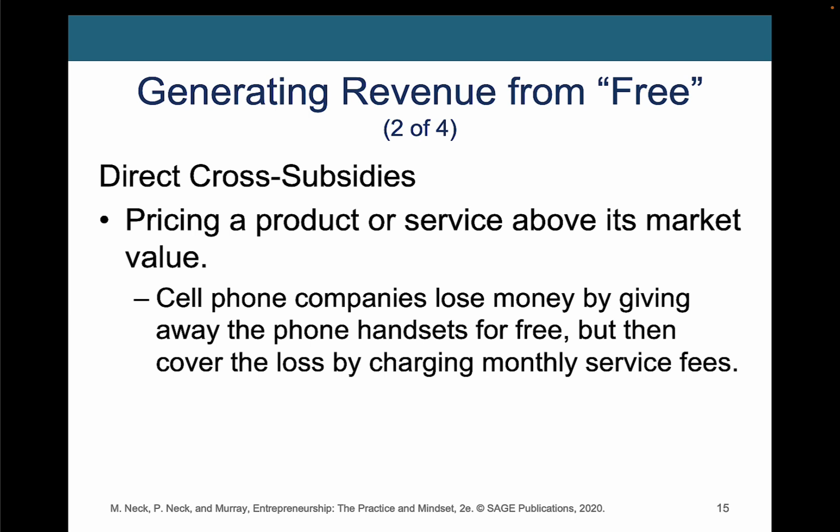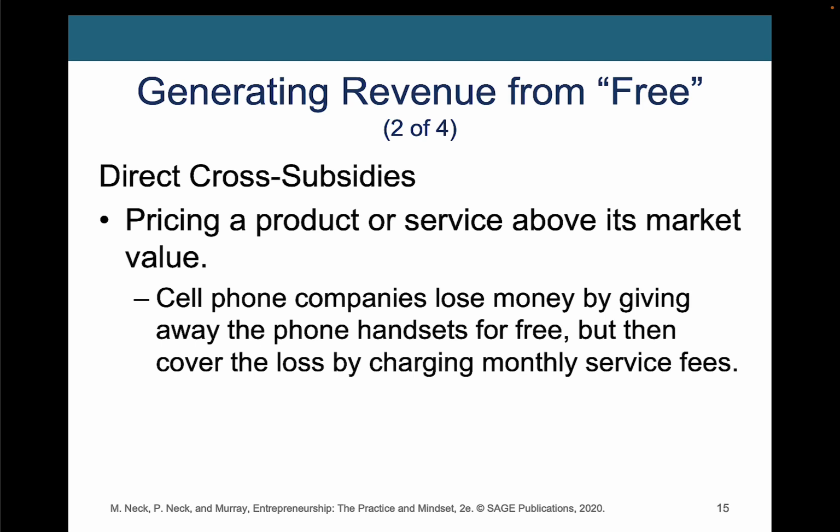Direct cross subsidies, pricing a product or service above its market value. So cell phone companies lose money by giving away the phone handsets for free. But of course, they charge you a monthly service fee. Now, depending on the phone you're getting, they'll let you get the phone on a monthly subscription, like, hey, pay it off monthly.